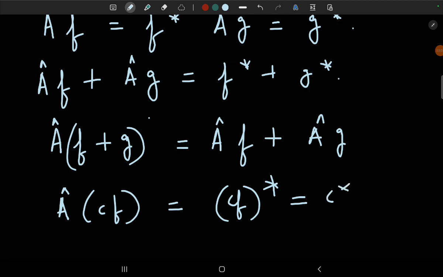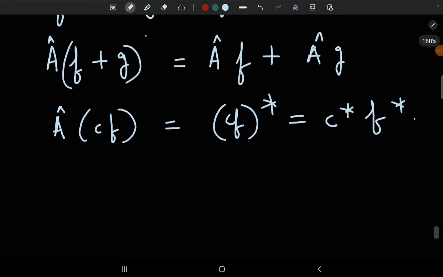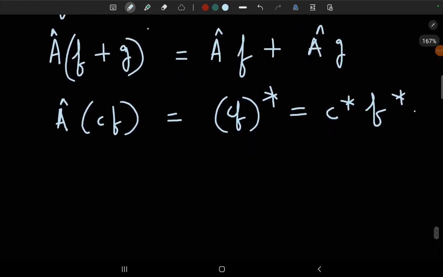We have a product of two complex numbers, so this should be equal to c star into f star. And what we want is c into f star.